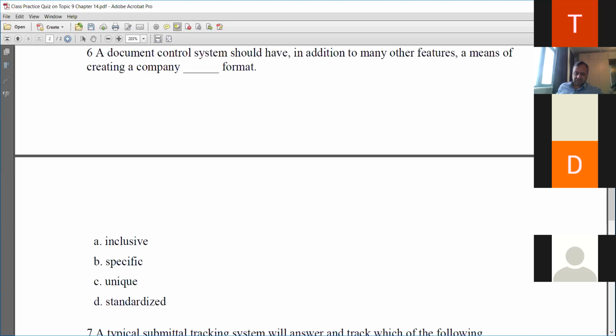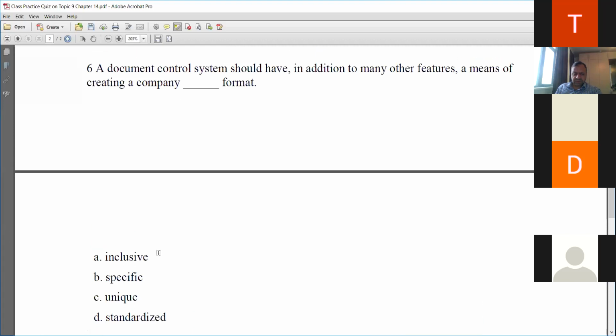In this case, specific seems to be the most appropriate, but other words could also fit. Company unique: the document control system should be unique to that company. Company standardized format is also okay, it can fit in. But I think the most appropriate may be the word specific in this case.